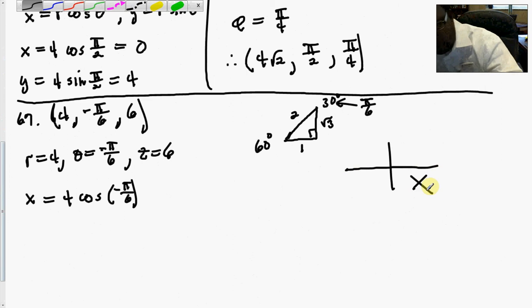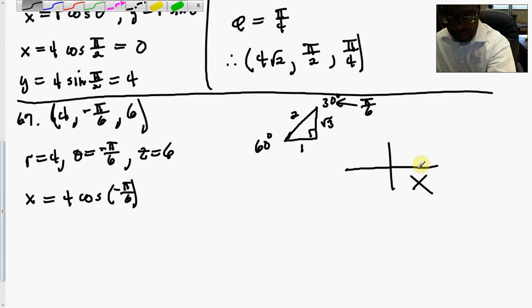So it's going to put us here in the 4th quadrant. You can glean from that the cosine is with respect to x, and the sine is with respect to y.